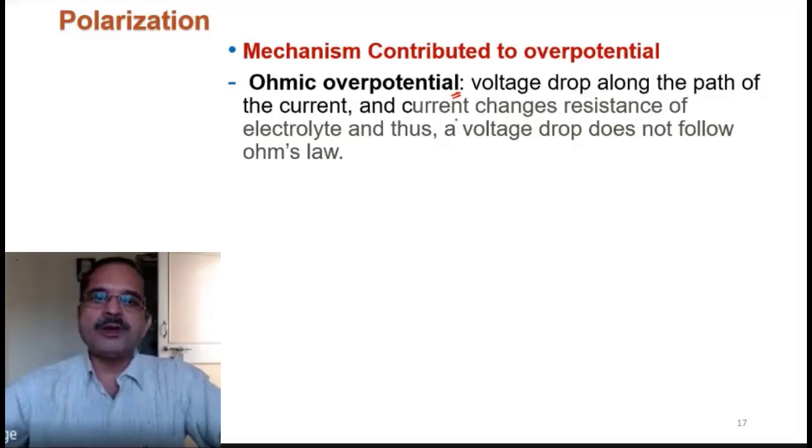It is the voltage drop along the path of the current, and the current changes the resistance of the electrolyte, which causes a voltage drop. Thus, the voltage drop does not follow Ohm's law, and that affects its regular potential. So in short, this is because of the ohmic voltage drop.